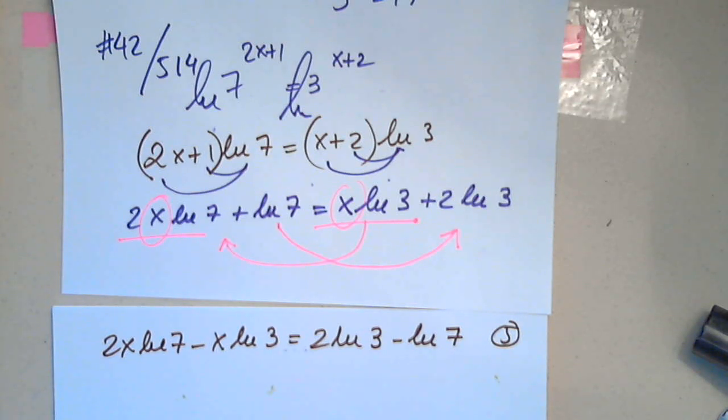In the next step, I'm asking myself, how do I proceed? Because these are not like terms. I cannot add or subtract terms that are not like terms. So what do I do? What is the alternative? What is the option we have when we cannot combine like terms, but we still want to solve for x?